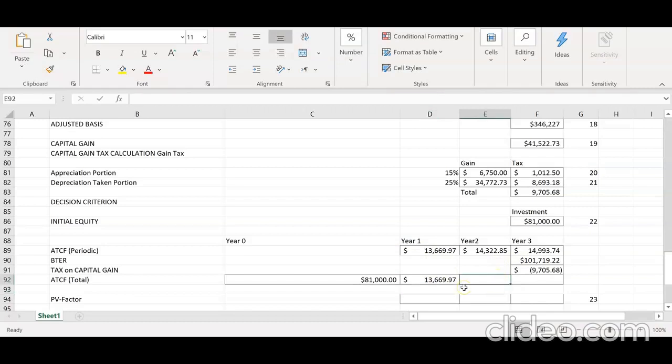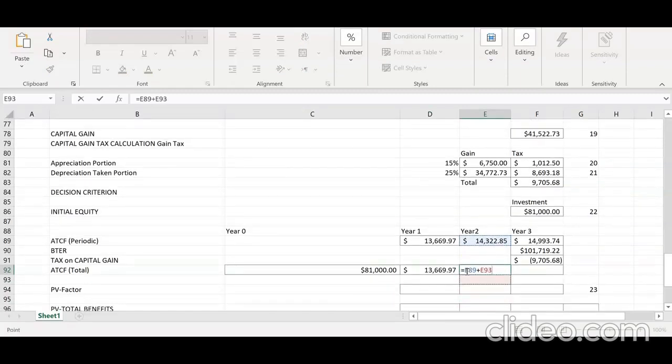For the second year, we can use the same approach, this one plus this one plus this one.